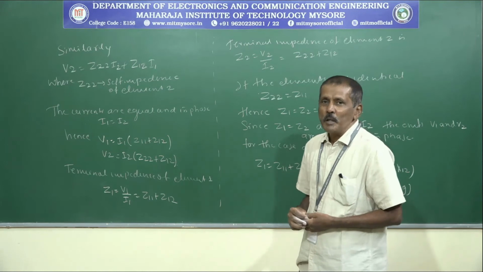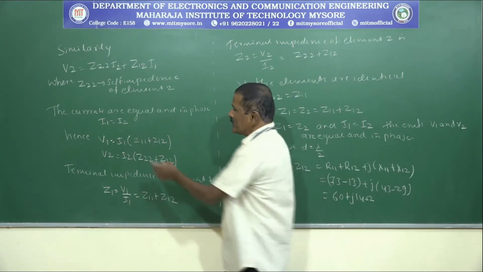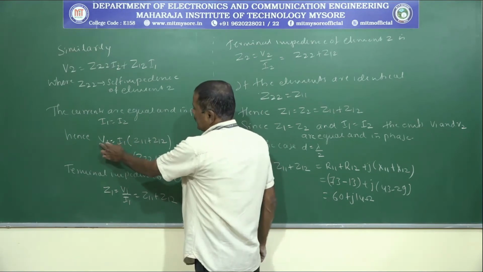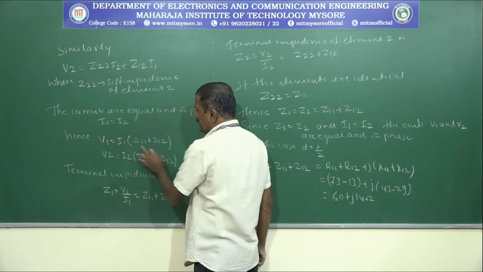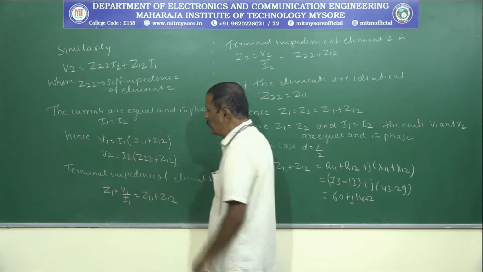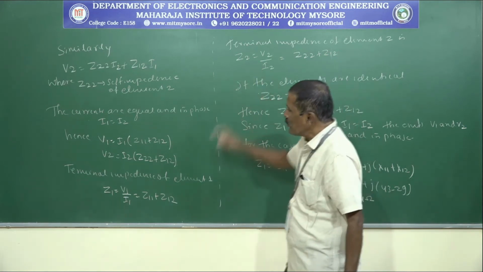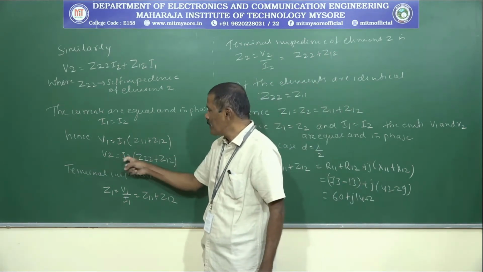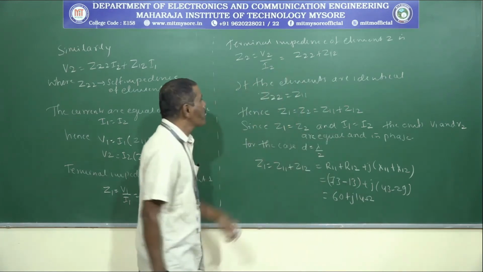Then the terminal impedance Z1 equal to V1 divided by I1. From this equation, I can calculate the terminal impedance V1 divided by I1, which is equal to Z11 plus Z12. Similarly, the terminal impedance of element 2, Z2 equal to V2 divided by I2, is equal to Z22 plus Z12.